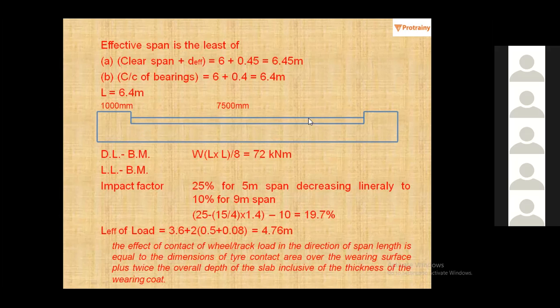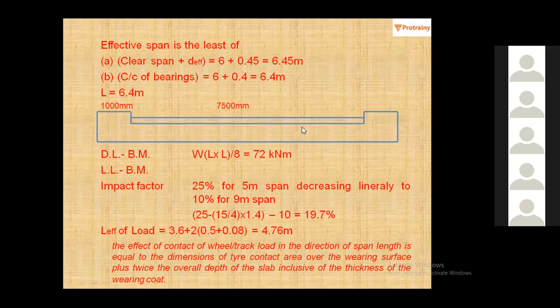Now in this bridge deck, definitely you are going to get maximum bending moment when your live load is going to be in the very center of your deck, ठीक है ना. Now let's assume कि live load इस तरह से place किया कि it is in the very center of our bridge deck. Now you have to find L effective of load, ठीक है ना.